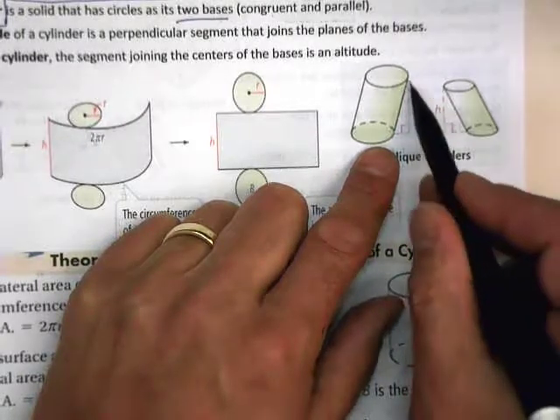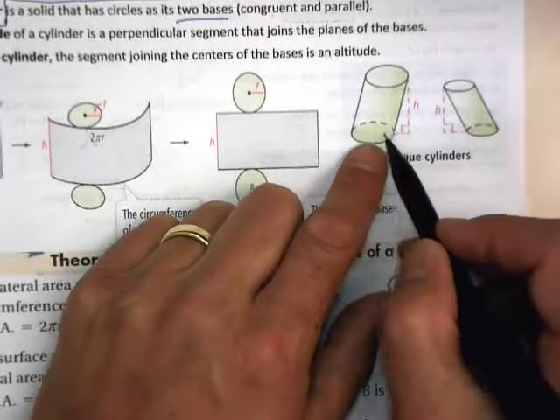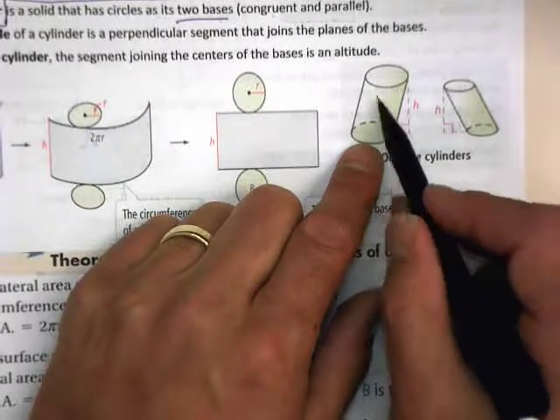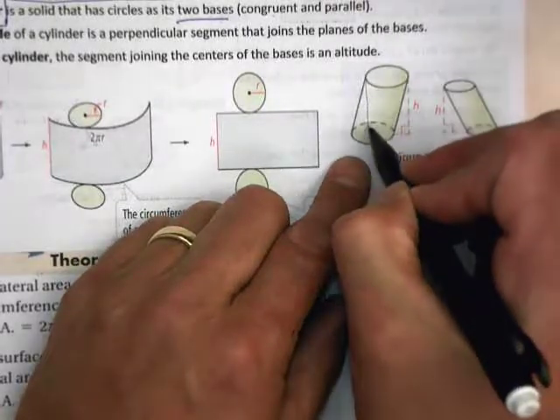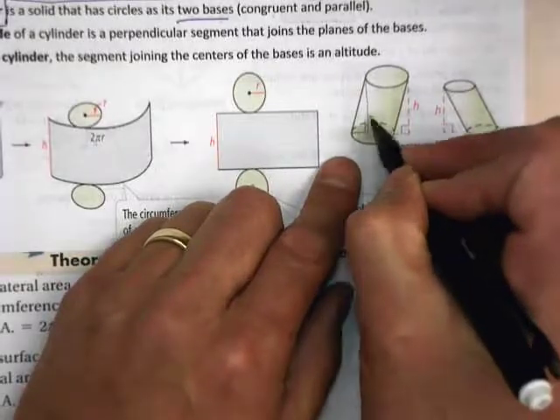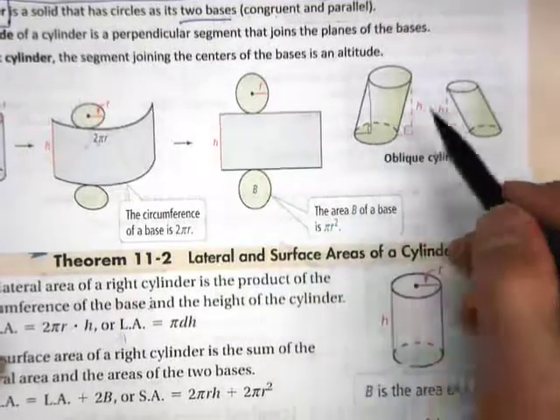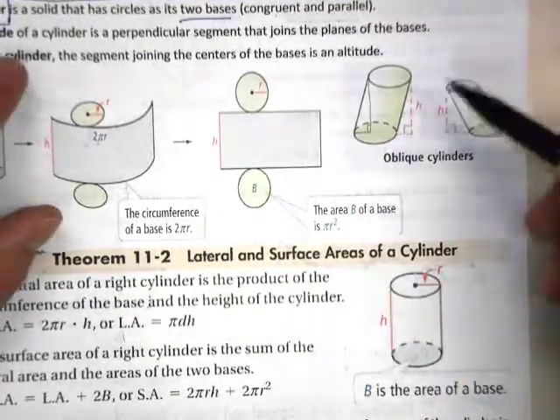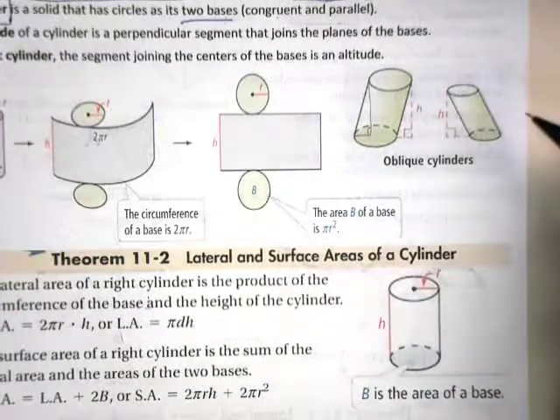This dashed segment out here is going a perpendicular distance between the 2 bases. I might even want to come down like here, and this would also be an altitude going up and down there. So there's different places where you can draw your altitude. And then the height is the length of that altitude.